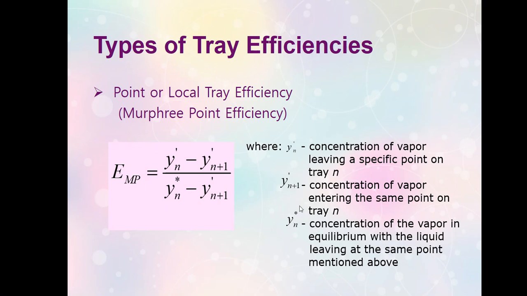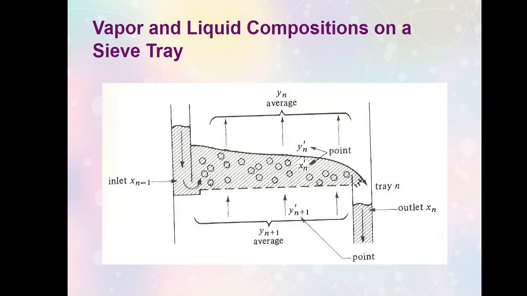Again, your asterisk here represents equilibrium condition: the concentration of the vapor in equilibrium with the liquid leaving at the same point mentioned here, or the same point on which y sub n plus 1 and y sub n were based. So it's now based on a point on a tray. So of the three, it's the Murphree point efficiency which is the most accurate.